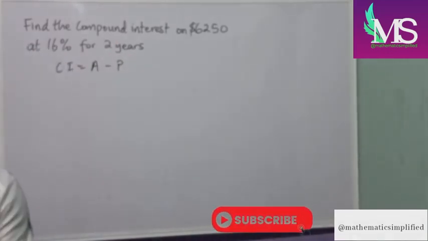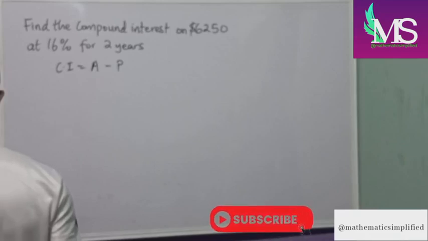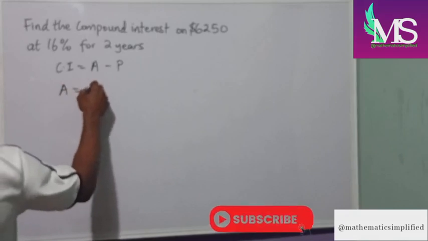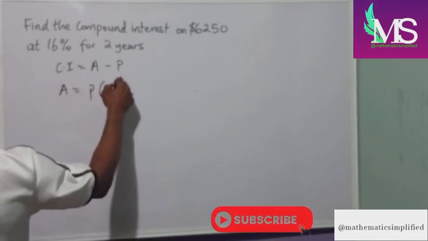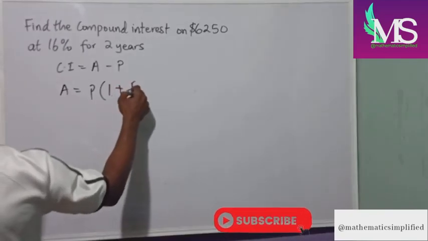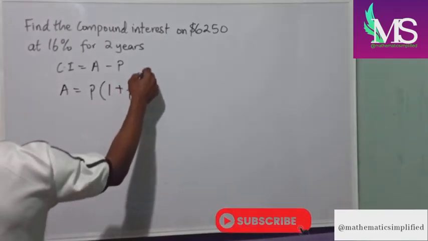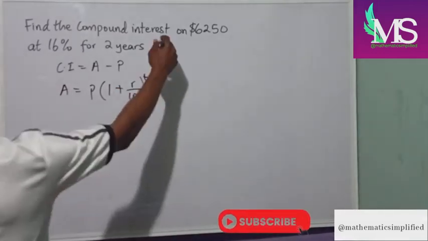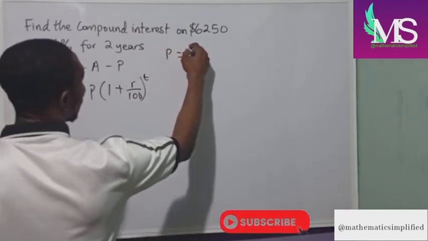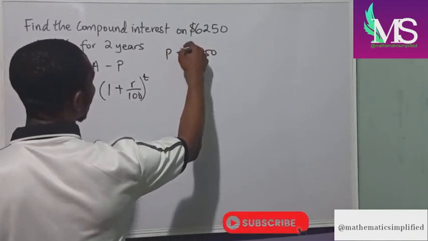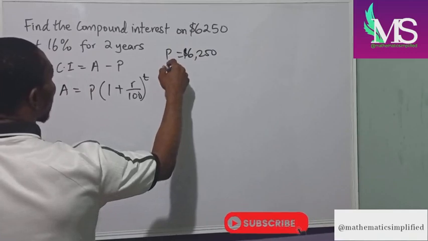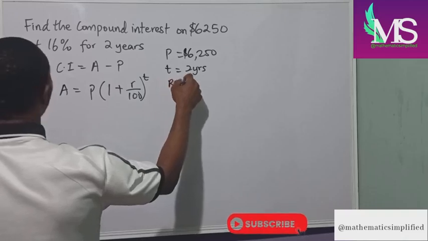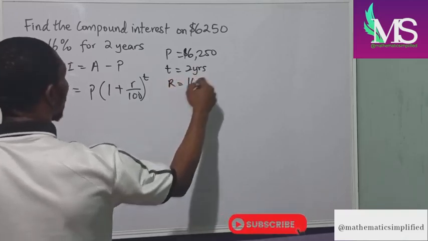To calculate amount, we have the formula principal times 1 plus rate over 100 all raised to power time. In this case, our principal is $6,250, our time is 2 years, and our rate is 16%.